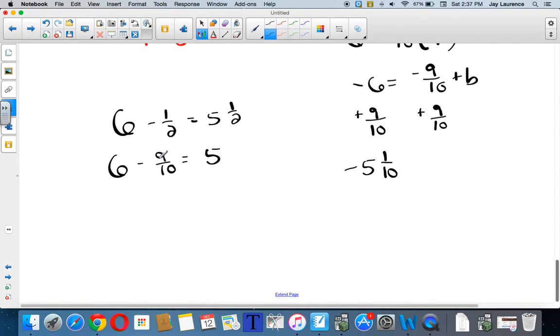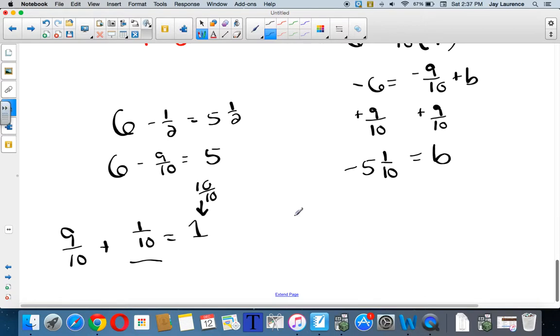What would make 9/10 a whole? 9/10 plus blank equals 1 whole. Well, if I add 1/10 to it, I get 10/10, and 10/10 is the same as 1, isn't it? Okay, so that's how I did that. Now, by the way, that would be the positive version, but since it's -6 plus 9/10, it's just going to give me a negative answer. All right, so that's what b is.